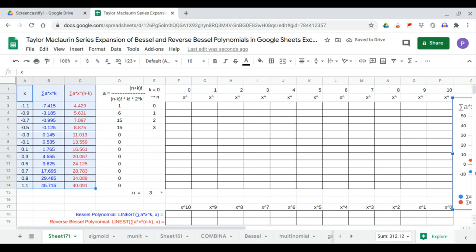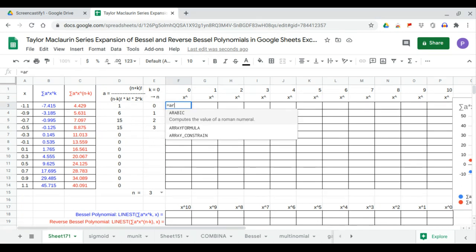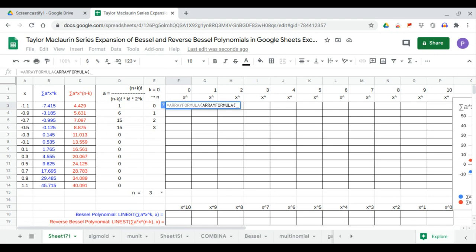To do that, we complete the 1 comma x matrix. So this is our 1 comma x matrix, array formula of the x values raised to the power 0 to 10. Enter.